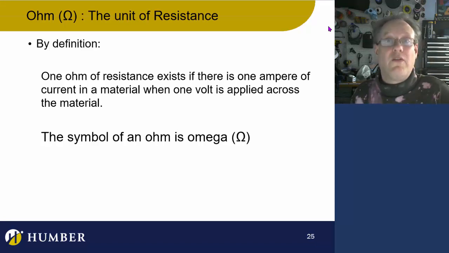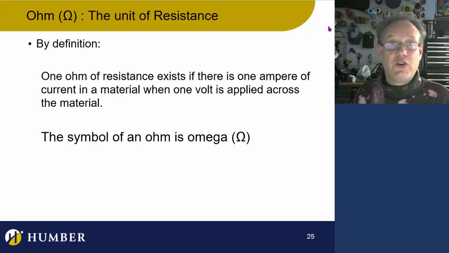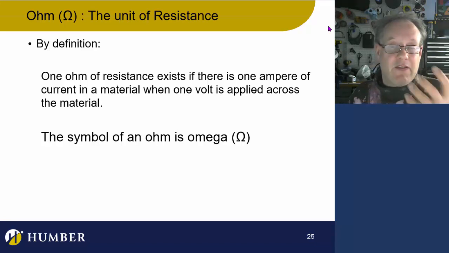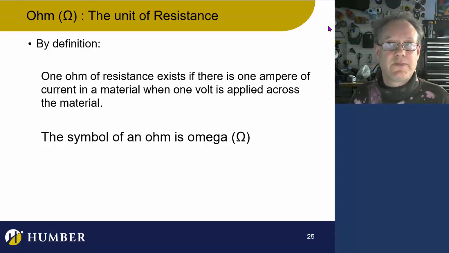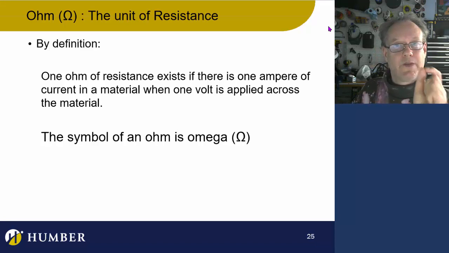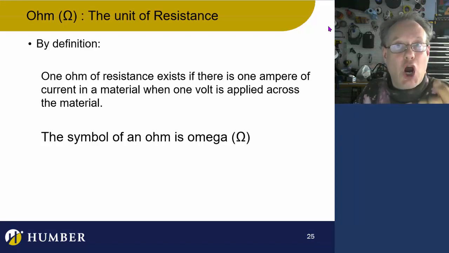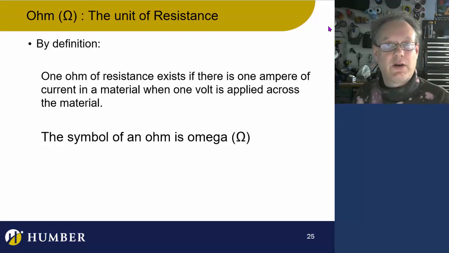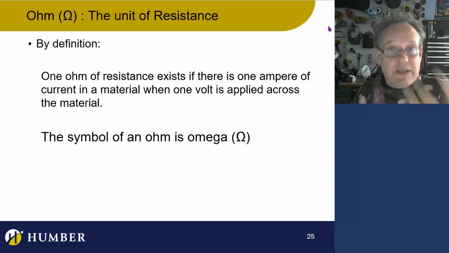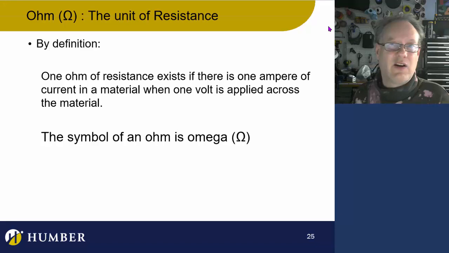That's 1 volt, which is a joule per coulomb, which is pretty cool. So if you lose 1 joule of energy pushing 1 coulomb of charge through some material, and that takes 1 second, that's an ohm.